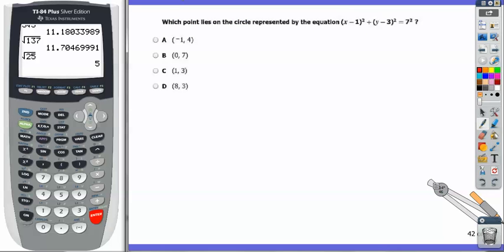Now, same exact kind of a thing. It says which point lies on the circle. Well, I have all of these points and they're all in the form x, y. So in my calculator, I'm going to actually do it 4 different times. I'm just copying what you see to the right without my x and y put in. 7 squared, by the way, is 49.